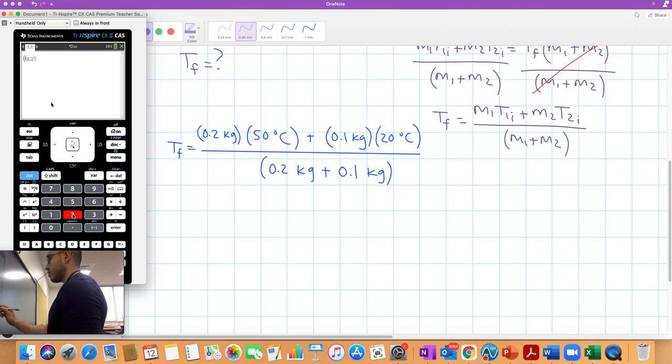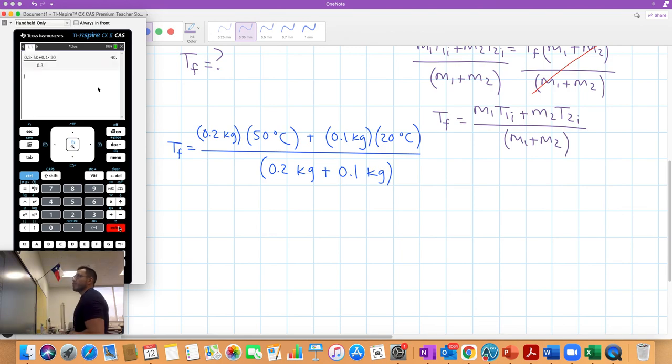0.2 times 50 plus 0.1 times 20, divided by 0.3. There you go, that looks okay.